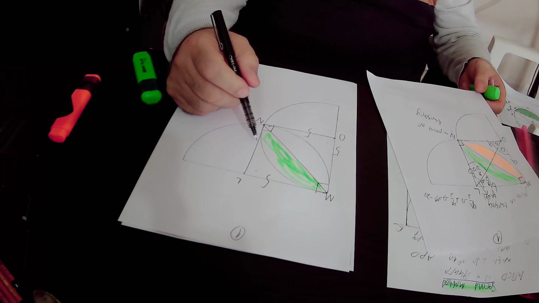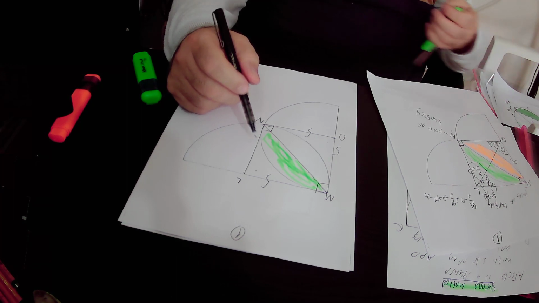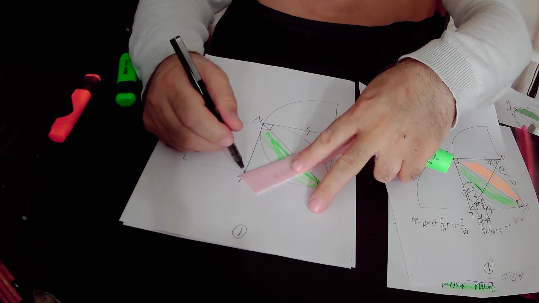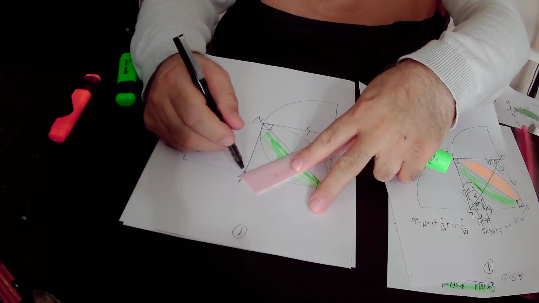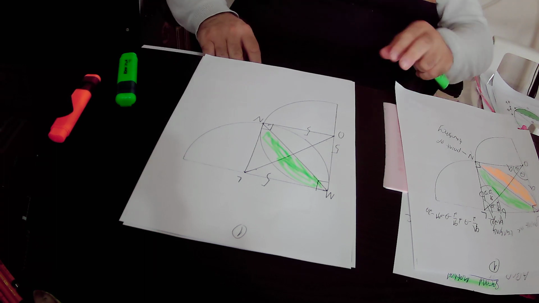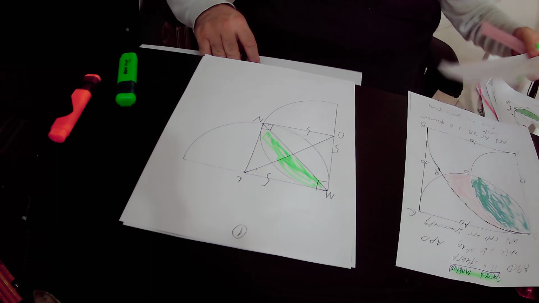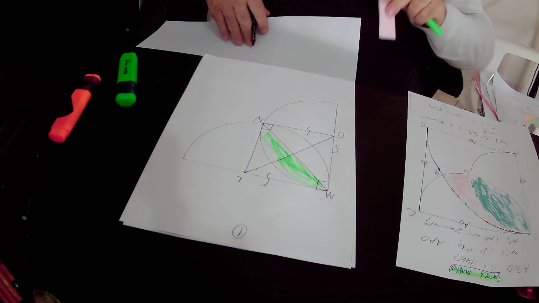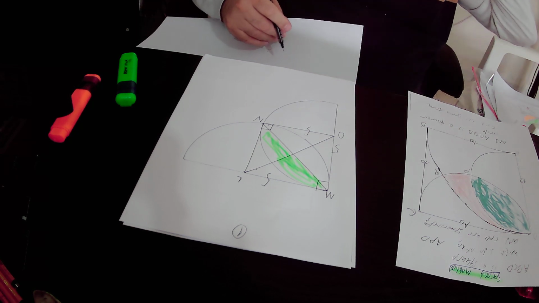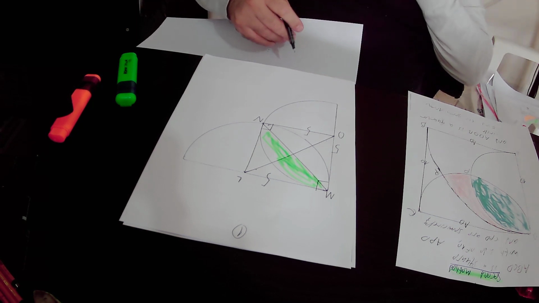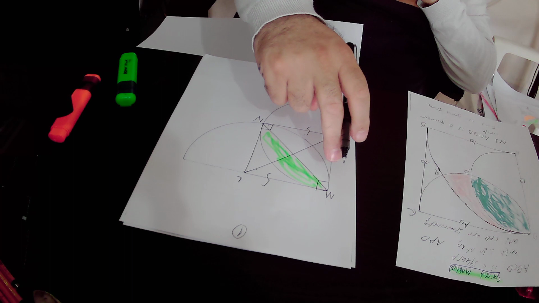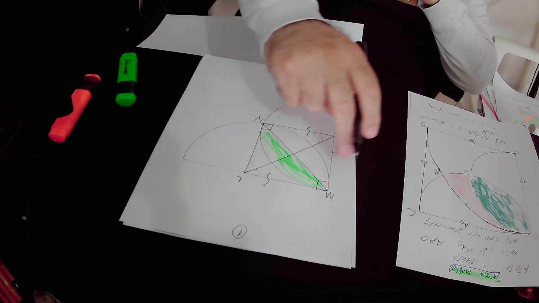The area of the green circular segment equals the area of sector MON, the area of this sector.